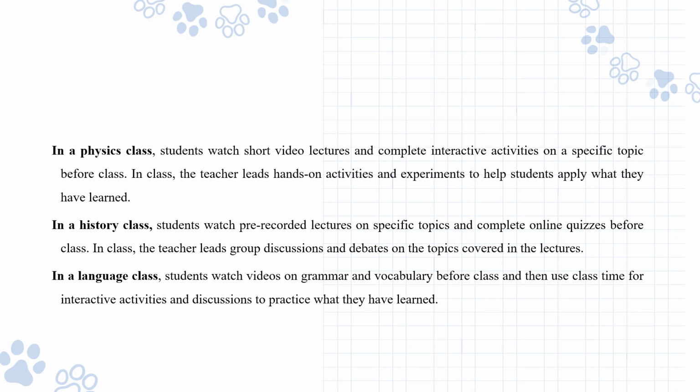In class, the teacher leads group discussions and debates on the topics covered in the lectures. In a language class, students watch videos on grammar and vocabulary before class and then use class time for interactive activities and discussions to practice what they have learned.